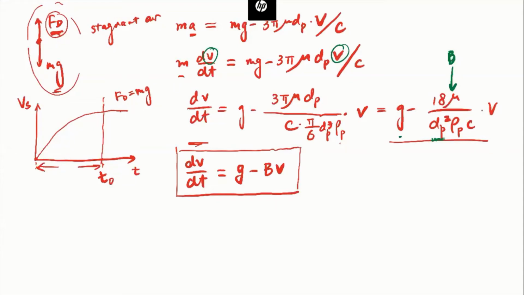Consider when time is equal to 0, what is the velocity? It's 0, right? And when time is equal to infinity, then it's going to have a settling velocity. So try to take a look which one satisfies this.